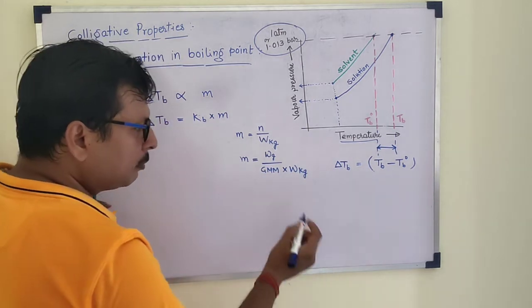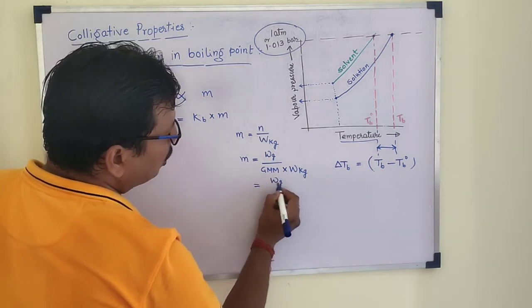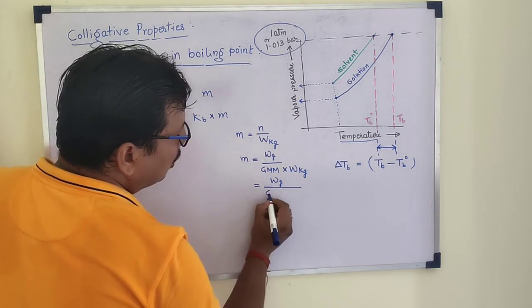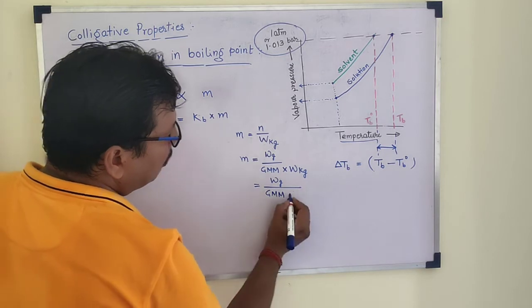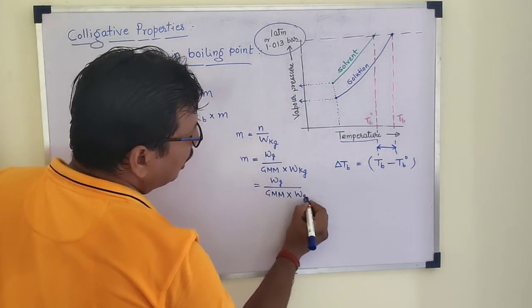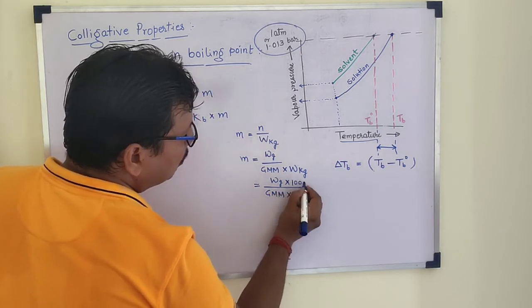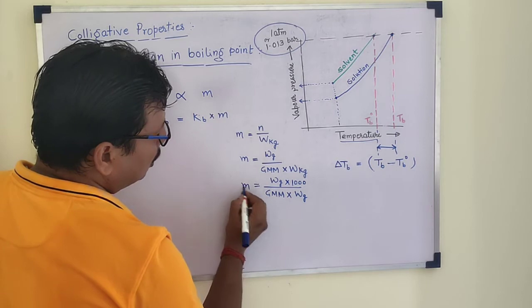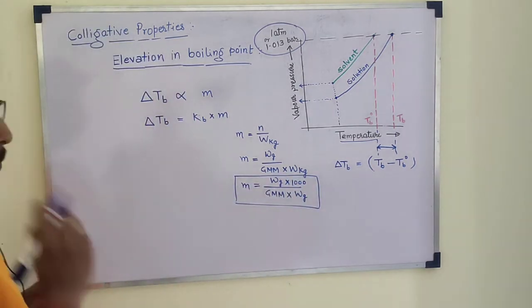Suppose the solvent weight is given in gram, then the molality equation becomes weight in gram of solute by GMM into weight of solvent in gram divided by 1000. This one is multiplied by 1000, which goes above, and this is the equation for the molality.